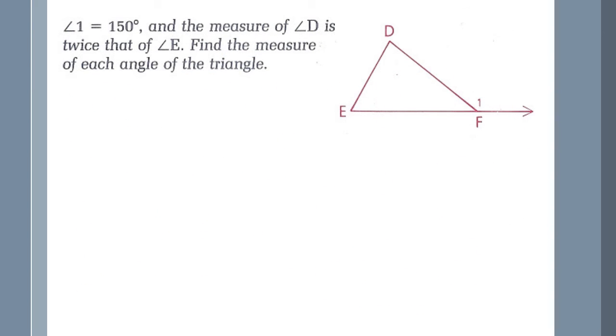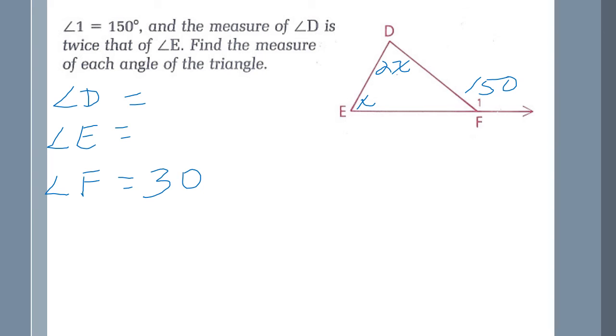Oh, wait, I have one more problem. Psych. Angle 1 is 150. The measure of angle D is twice that of E. So if this is x, this is 2x. So we're going to use the exterior angle theorem. Find the measure of each angle of the triangle: angle D, angle E, angle F. Well, if angle 1 is 150, angle F is pretty easy, 30.